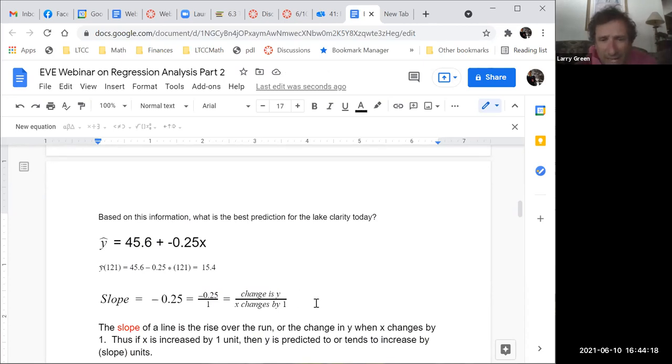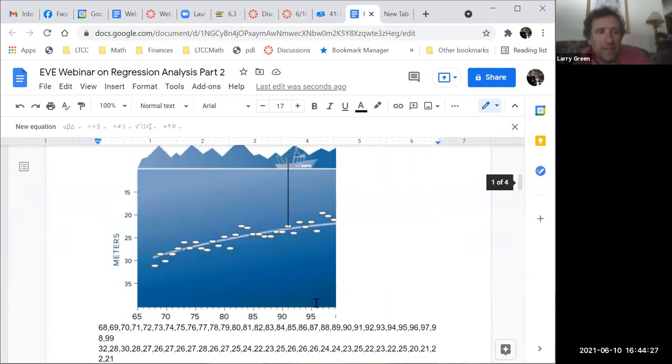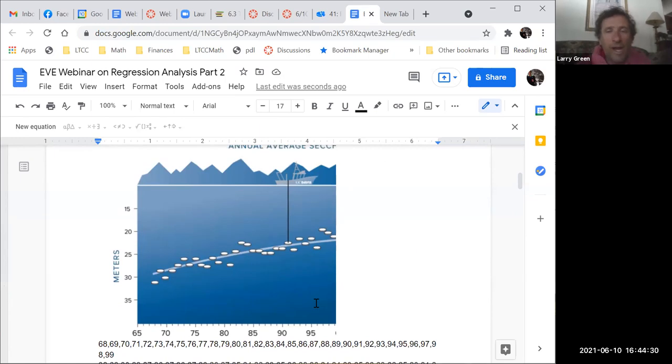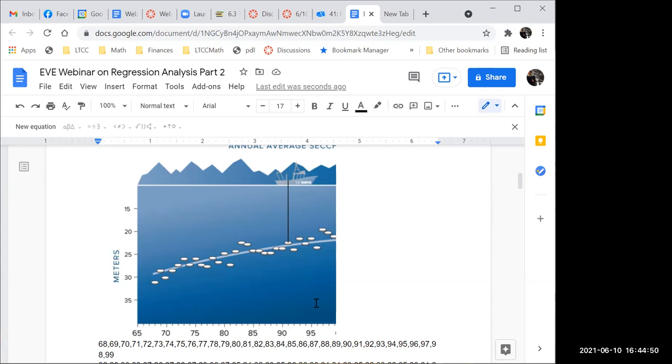All right, so next we say, what does it mean for x to change by 1? So now let's go into the application itself. If x changes by 1, what happened? How do you say that in nice, easy words, what does that mean to say x changed by 1? It helps to look at what x represents. A year passed.